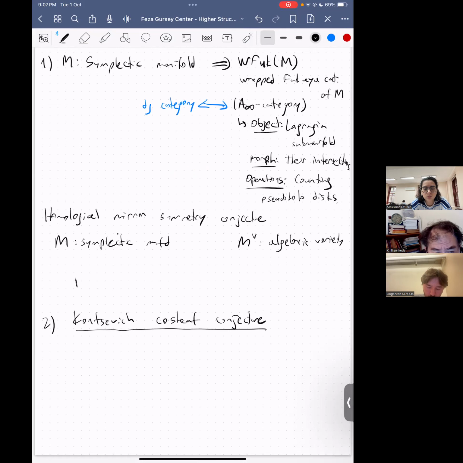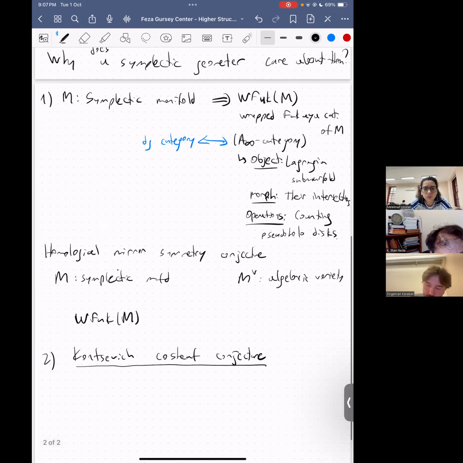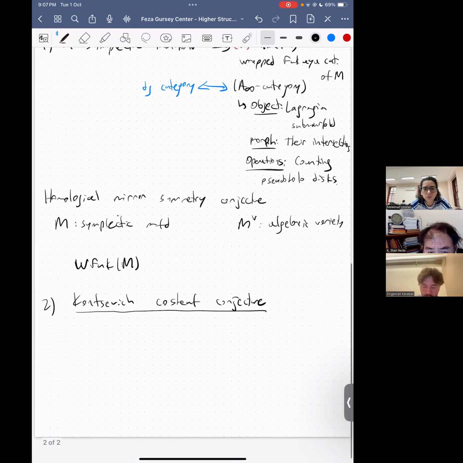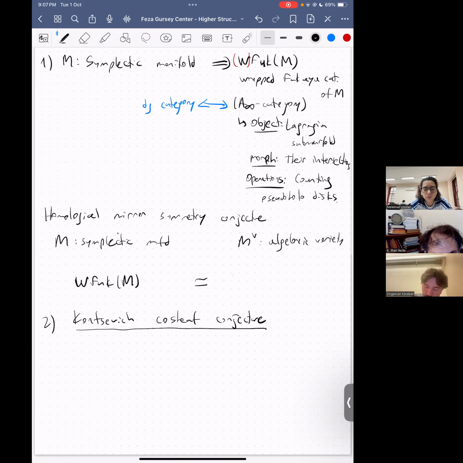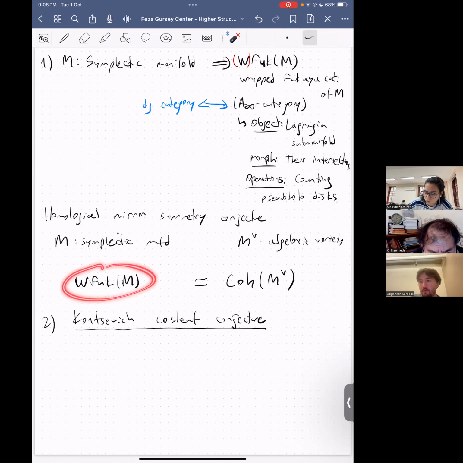And this Fukaya category, you have this W in parentheses, there are many versions of Fukaya categories, is equivalent to the category of coherent sheaves on this algebraic variety. This is called mirror symmetry. And this is a conjecture, but we are trying to understand that. So this invariant is key to approaching this conjecture.